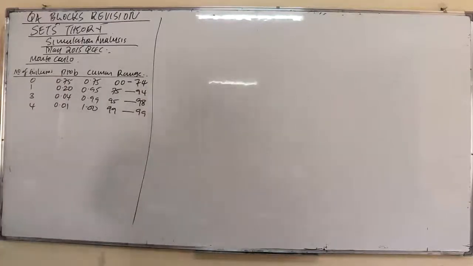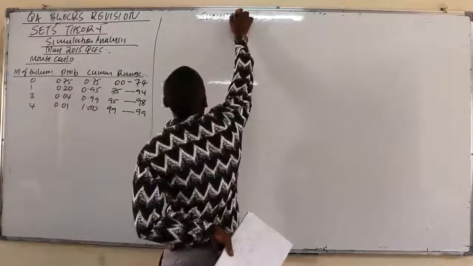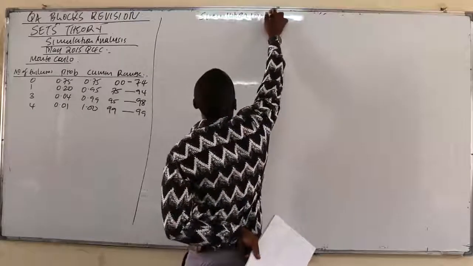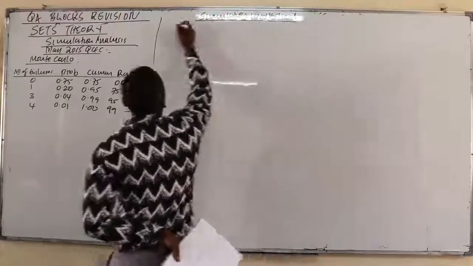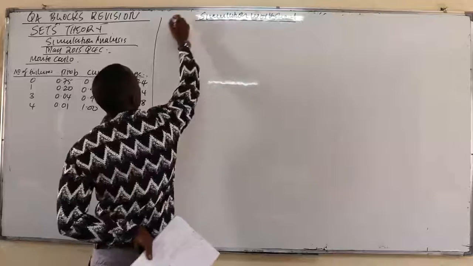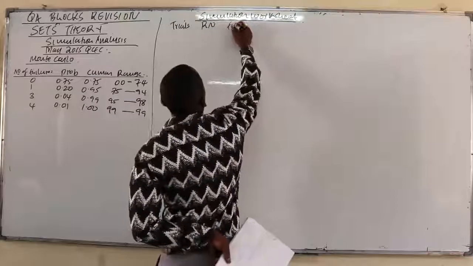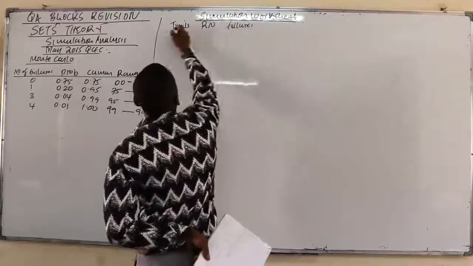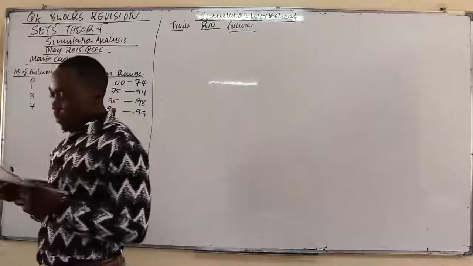So with that, now let's come up with the simulation worksheet. So we have trials, then the random numbers, and then we get the number of failures. It is as simple as that. So in this case, if you want to know the number of trials, use the random numbers.